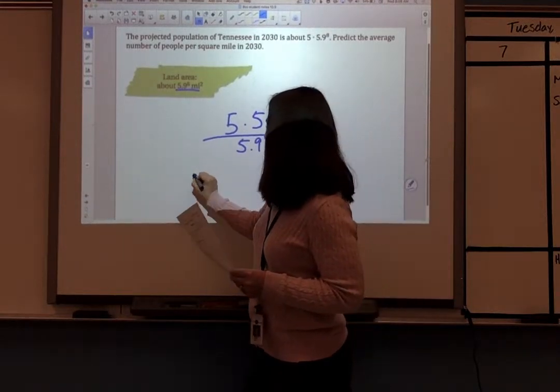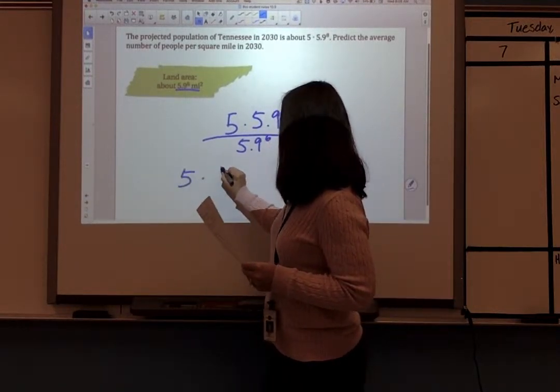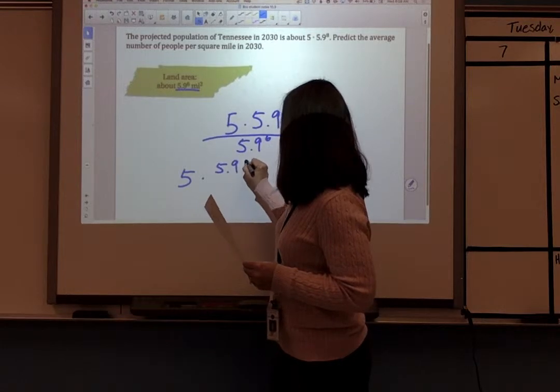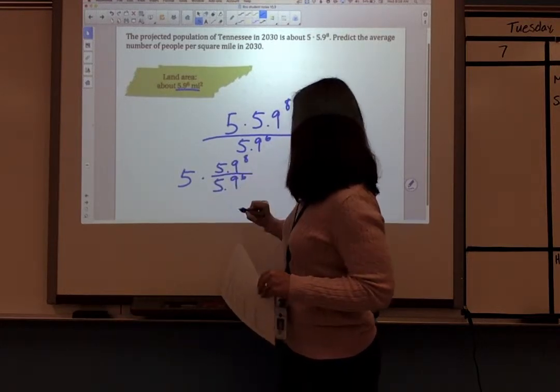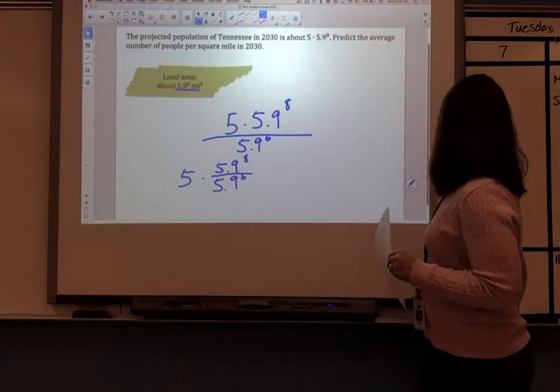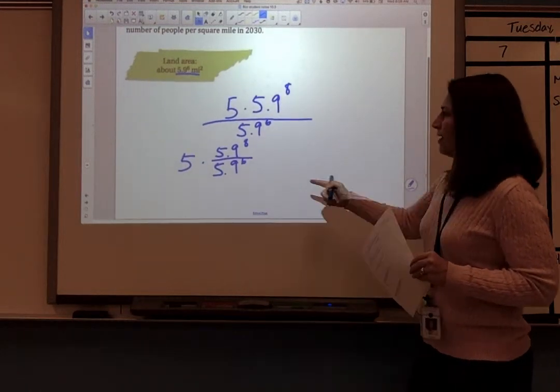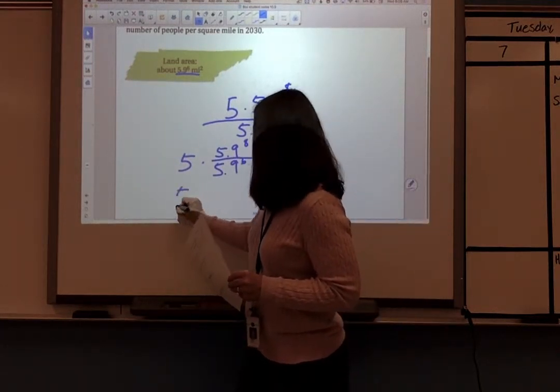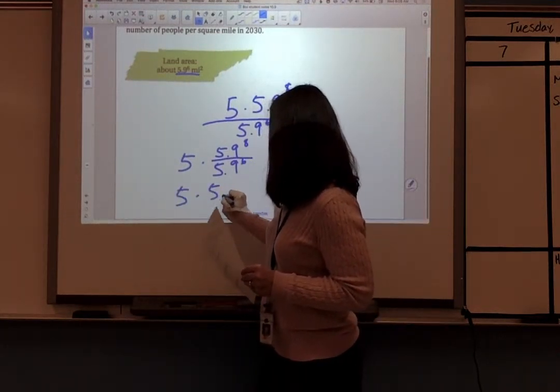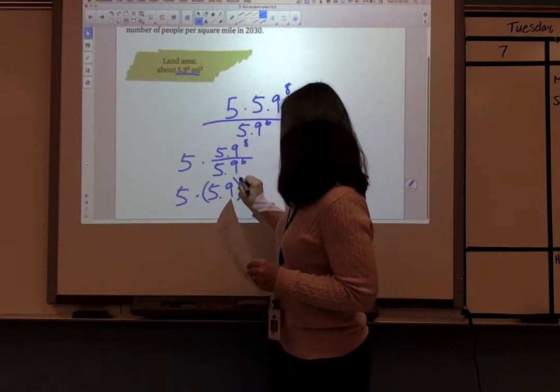So we're going to rewrite this as 5 times 5.9 to the 8th over 5.9 to the 6th. Then we'll use our quotient of powers property to simplify this. So 5 times 5.9 squared.